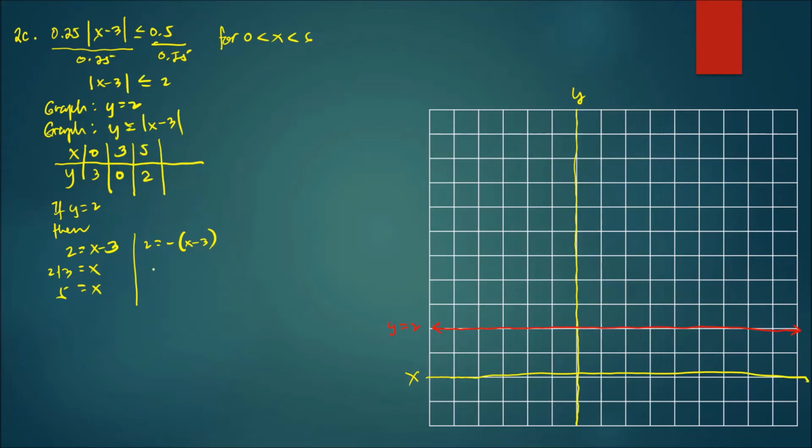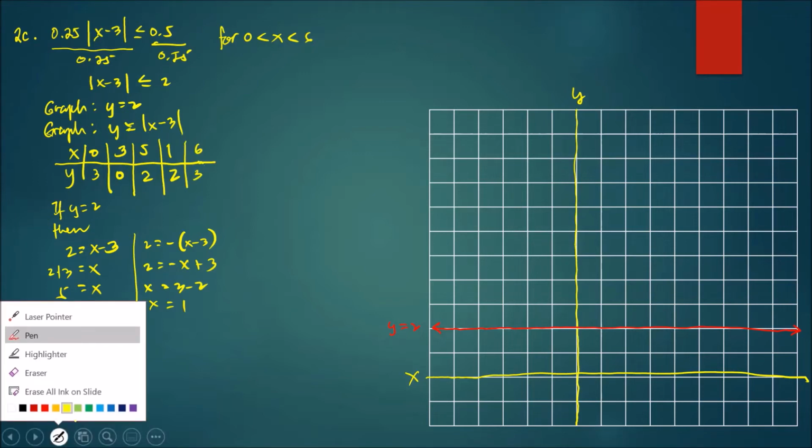Then we have 2 is equal to negative x plus 3, or that is x is equal to 3 minus 2, or x is equal to 1. So this is our other point, 1, 2. Okay, so let's try to substitute 6. So if x is 6, then y is 3.